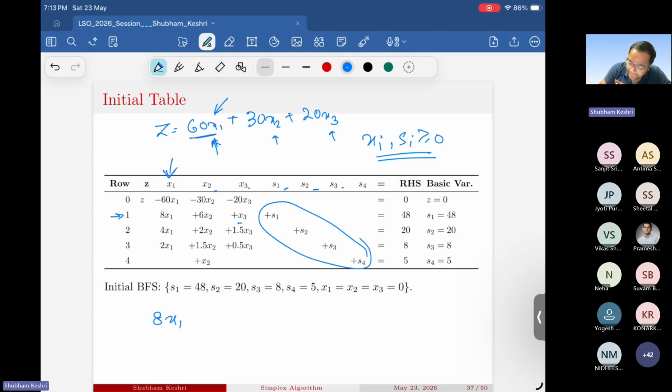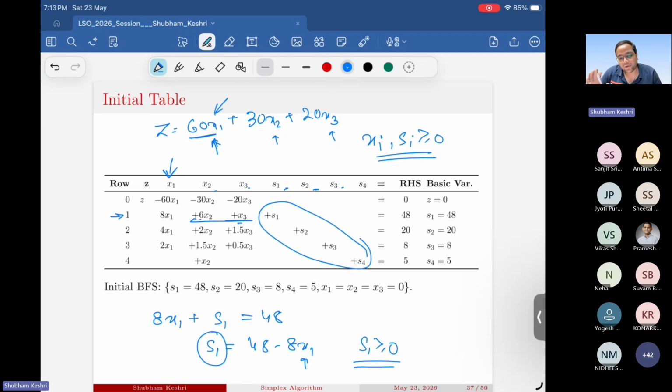What we have is 8x1. These are always 0, so we will not write them. And we have s1 equals 48. You can write s1 equals 48 minus 8x1. You see, we want to increase x1. But how much can we increase? We can increase it to that much such that s1 satisfies the inequality. s1 should be non-negative.